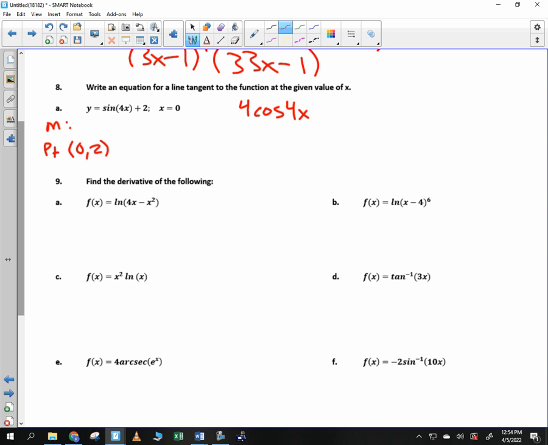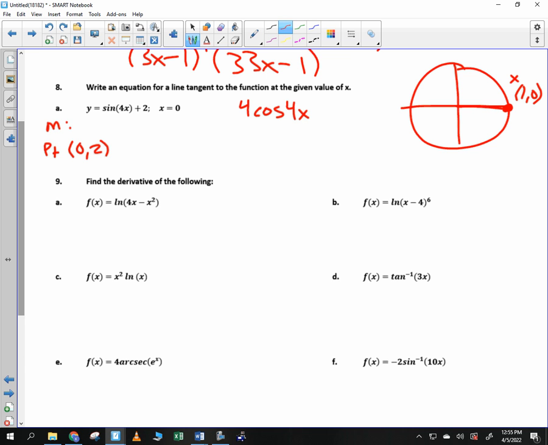So if I plug in 0, what's the cosine of 0? 1. Remember, you're not going to get a calculator on that. Okay, pause, time, right here. You have to know this. 0 is right here. What's that coordinate? 1, 0. Is cosine the x value or the y value?